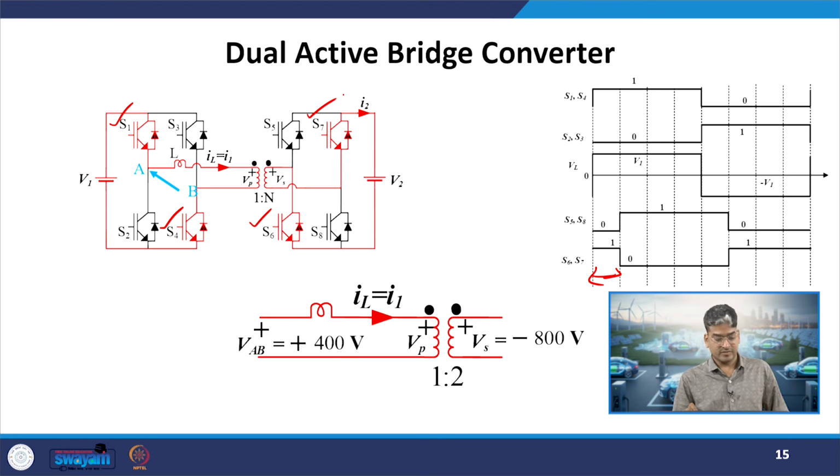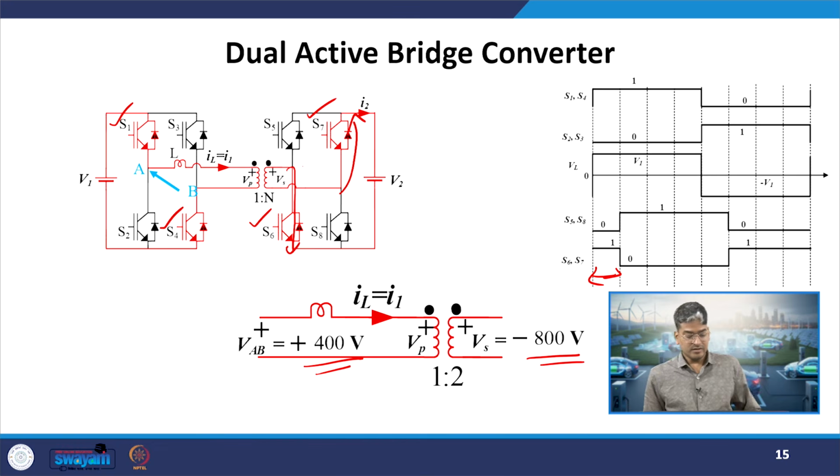If I apply KVL on the primary side, I will observe that VAB will be equal to plus 400. When I apply KVL on the output stage, I will observe that Vs has become equal to minus 800, okay, because this node is connected to the negative bus, this node is connected to the positive bus. So, we get minus 800, and on the input side we get plus 400, okay.